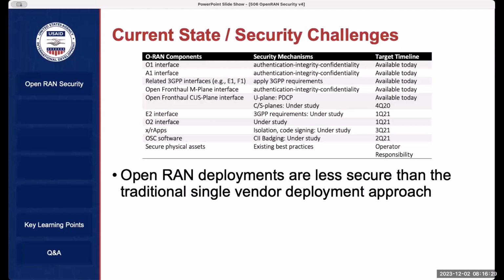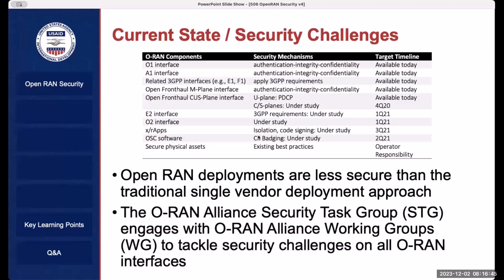Maybe some test code, some debug systems that weren't taken out of production. And this is basically amplified by the number of vendors that you are now operating with. And there is the O-RAN Alliance Security Task Group that engages with the working groups to tackle security challenges on all Open RAN interfaces.